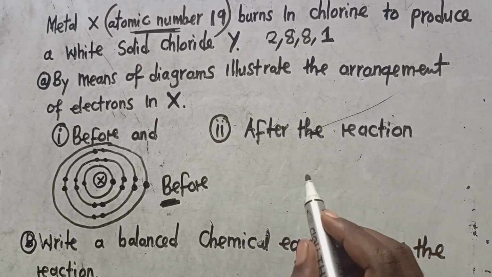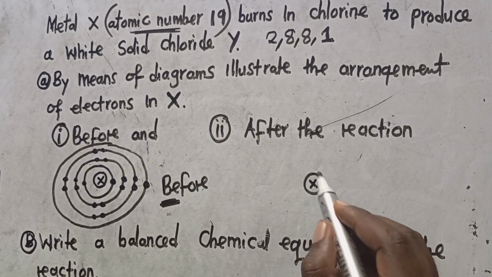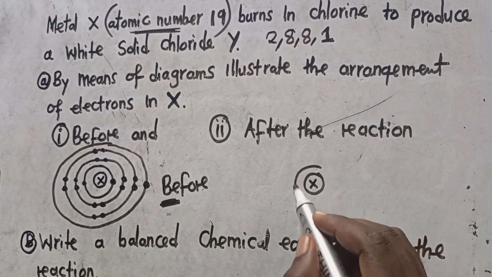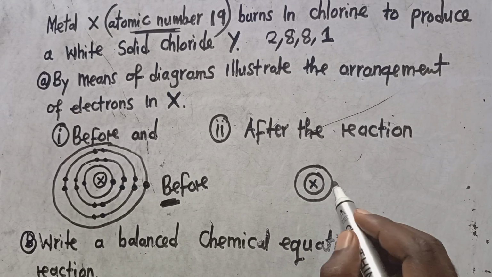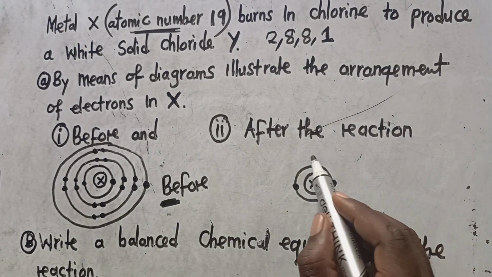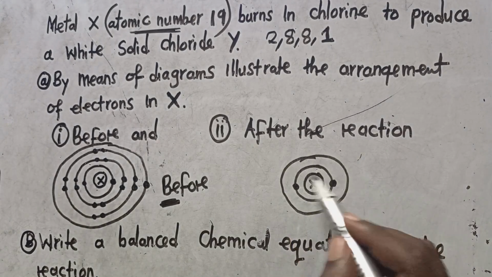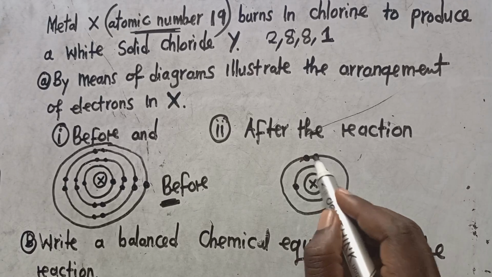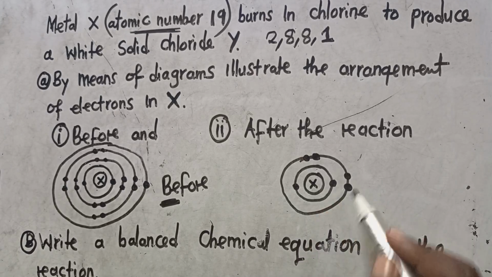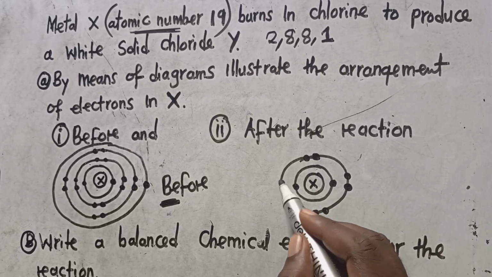For the diagram, I'm going to say X because I don't know it. Here I'm going to have how many electrons? 2 electrons. You know that in the first shell you are supposed to have 2. This one, I'm going to have 8 electrons. So 2, 4, 6, 8. I need to put 8 electrons there.